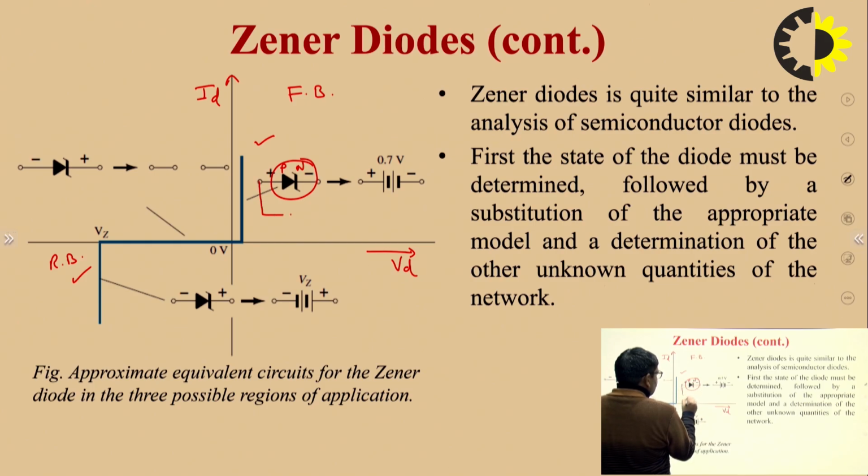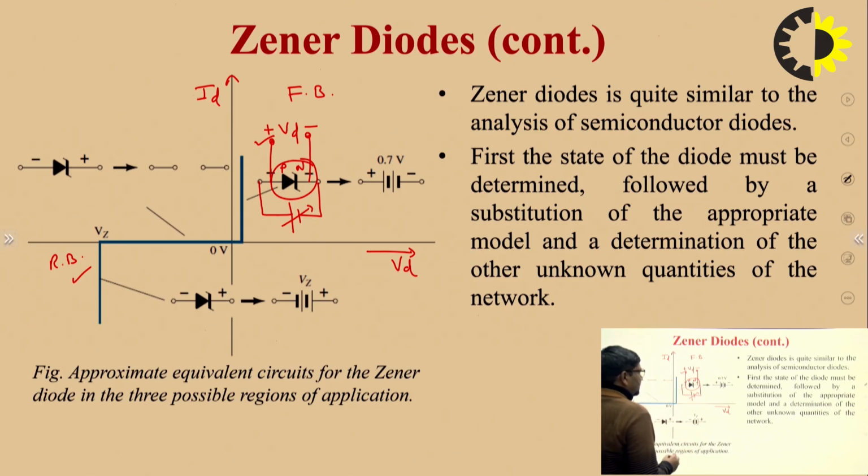The P terminal is connected to the positive of the battery supply, and the N terminal to the negative of the supply, which is a variable voltage. The voltage across the Zener diode is VD, and the current that flows in that circuit is ID.